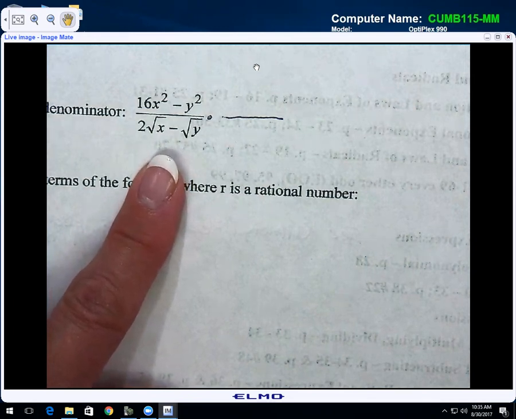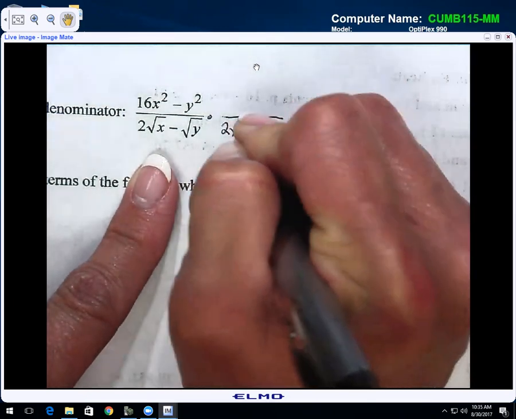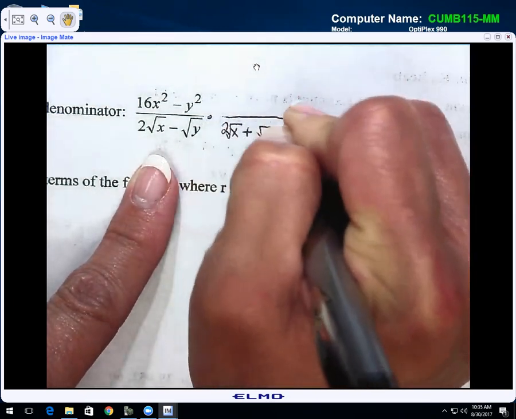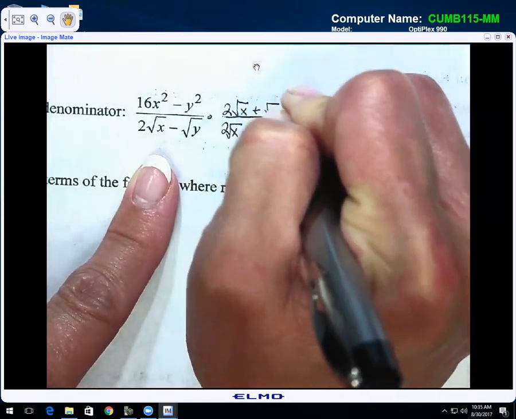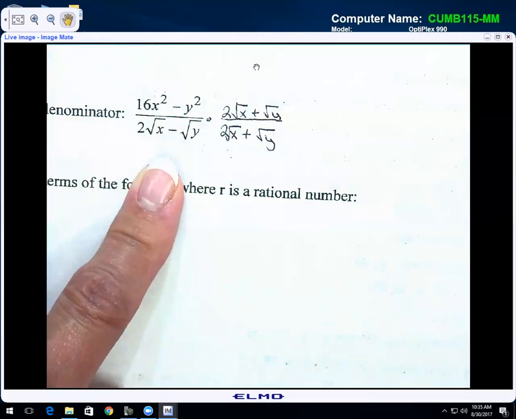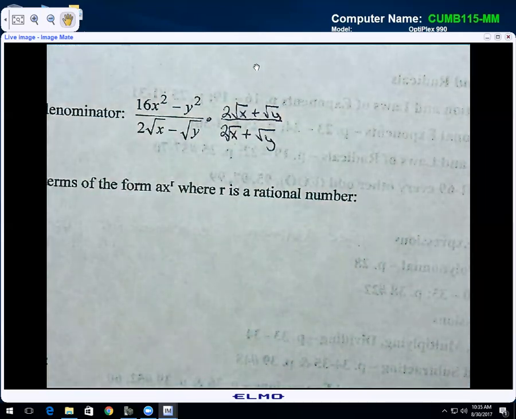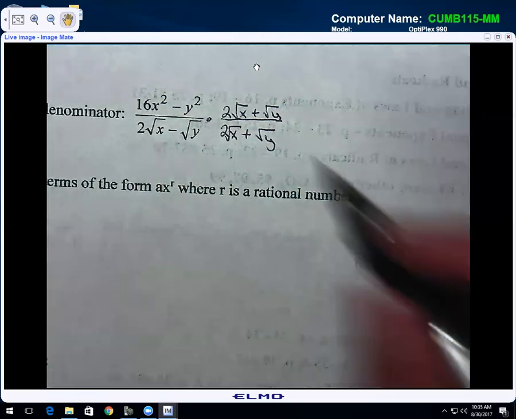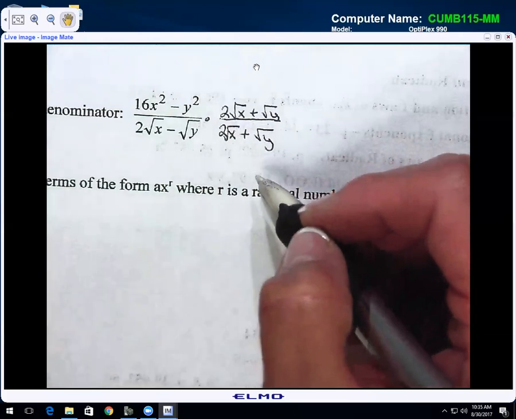You just change the minus to the plus. 2 square root of x plus square root of y. And that's legal because the thing I'm multiplying that original fraction by is just what?